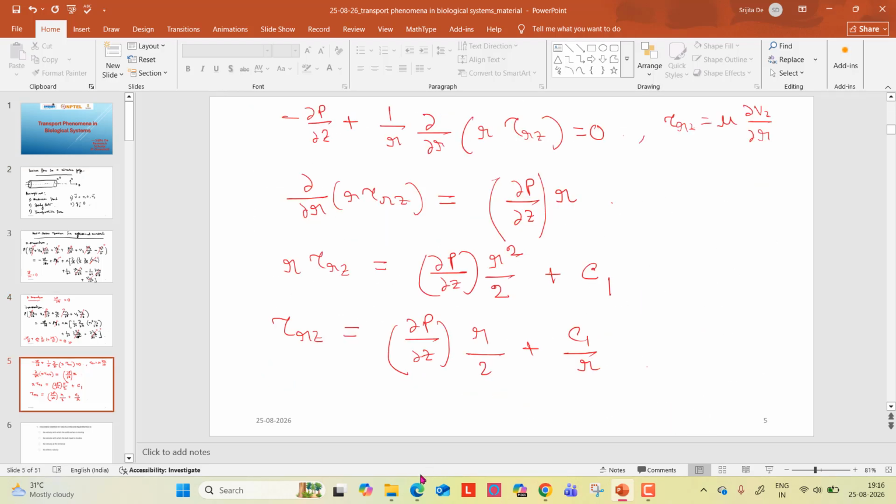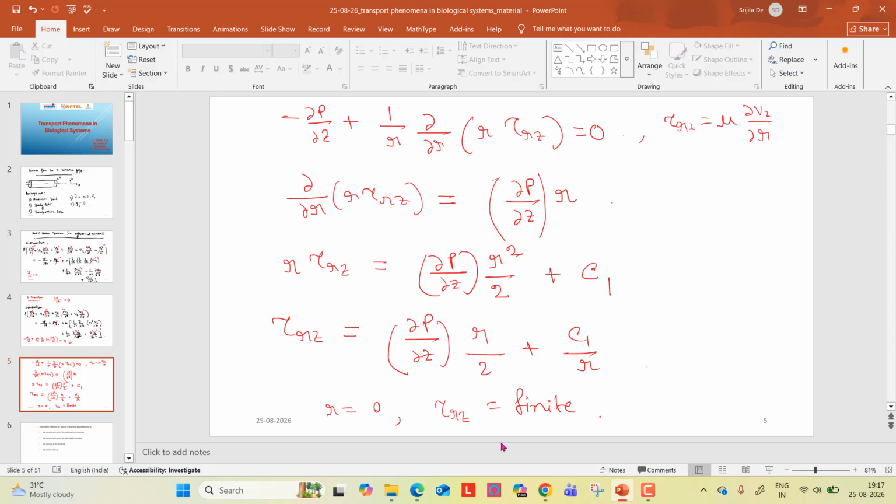So, what we can write? We can write that at r equals to 0, tau rz is finite, right?